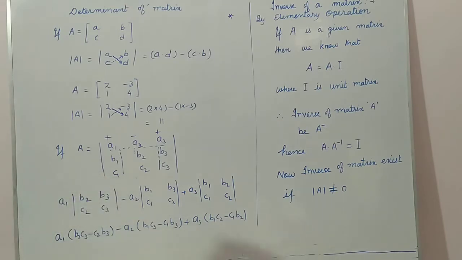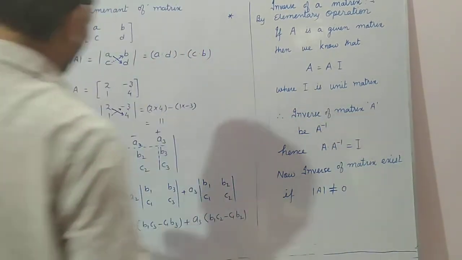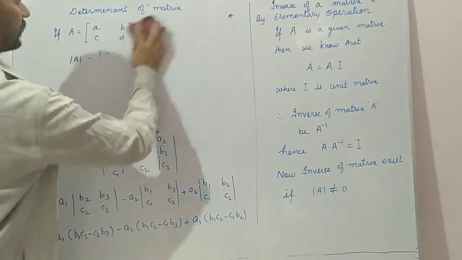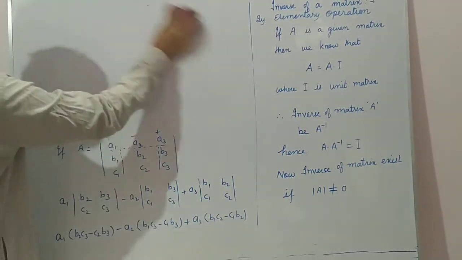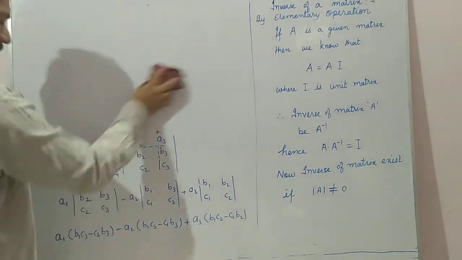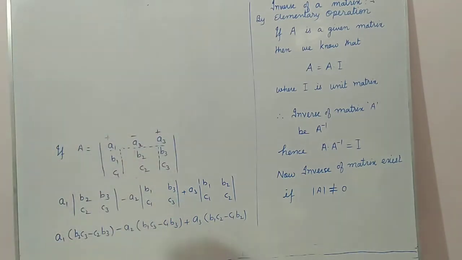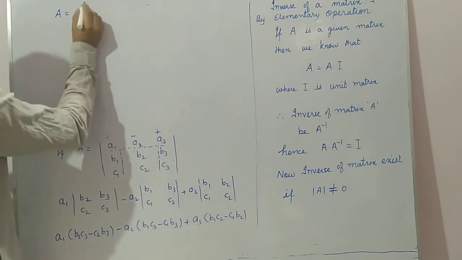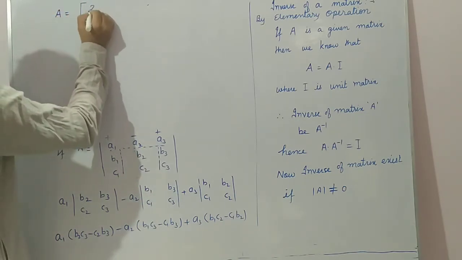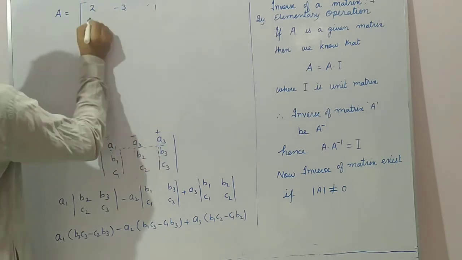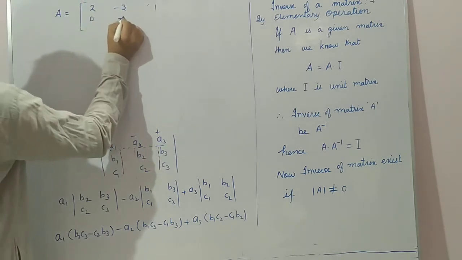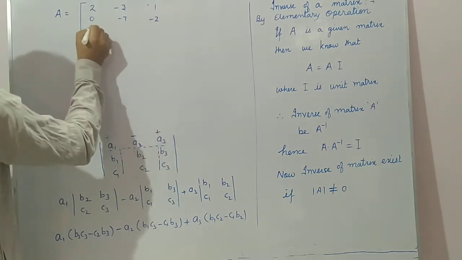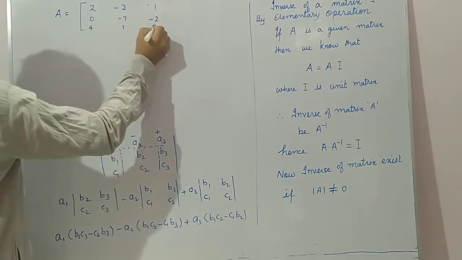One example for this I am giving. See here. Suppose matrix A is given as 2, minus 3, 1, 0, minus 7, minus 2, 4, 1, 5.